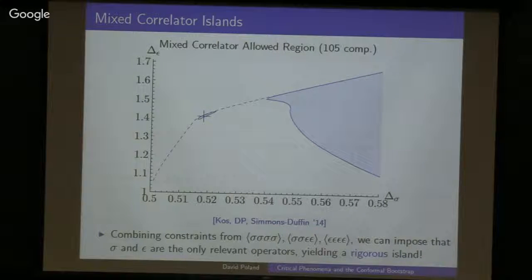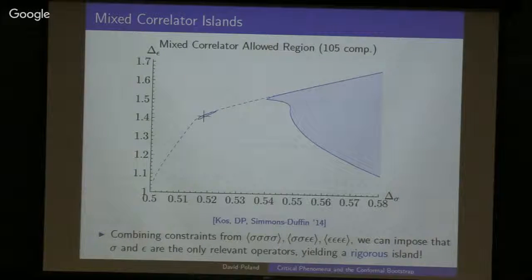So now we can ask what happens to this isolated island as we increase the search space of the functional, as we push this program more and more. And what you expect is to see that this island starts shrinking. And then you can ask, how small can we make the island?